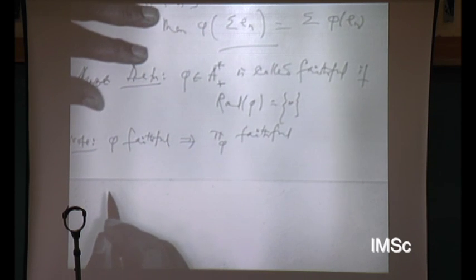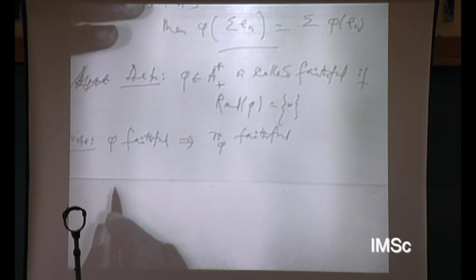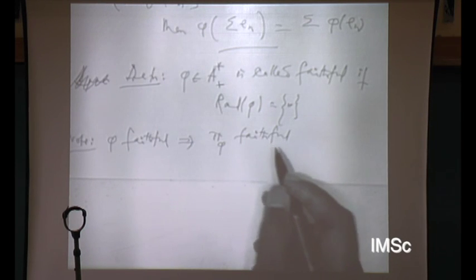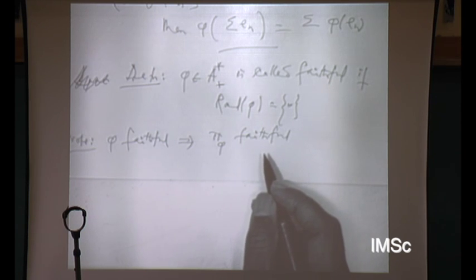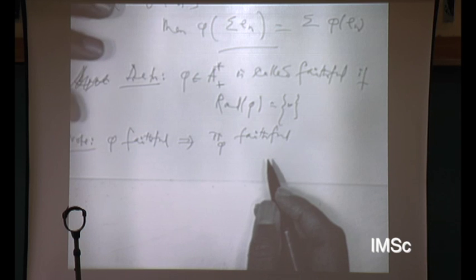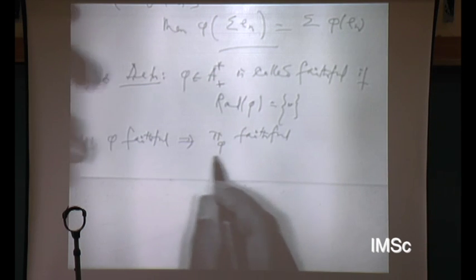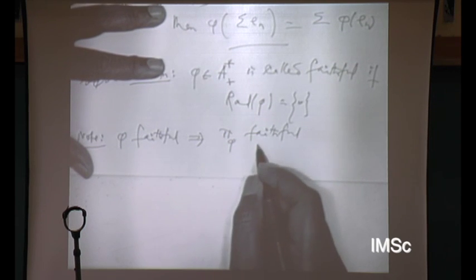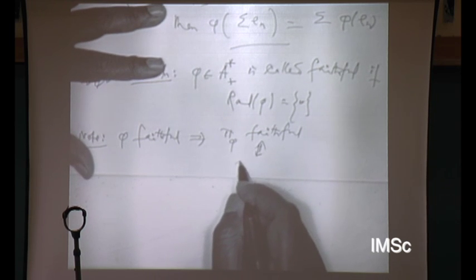Okay. See, pi phi faithful means pi phi is one-to-one. That means its kernel is 0. So, see, this says there's some slight subtle point. This statement is equivalent to saying that the kernel of pi phi is 0.